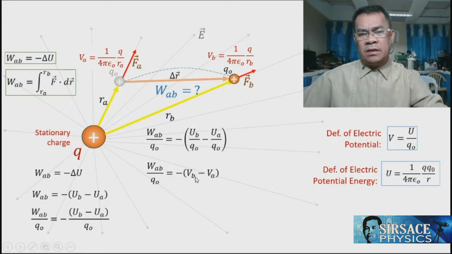V_B minus V_A, or the final potential minus the initial potential, is actually a kind of potential difference.